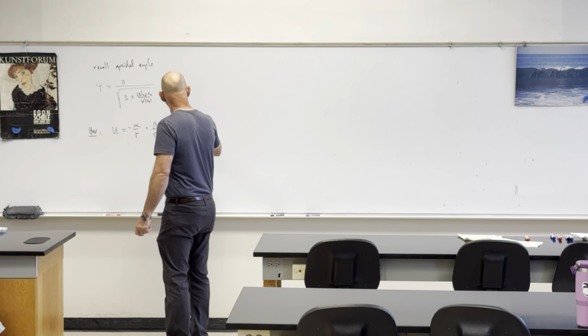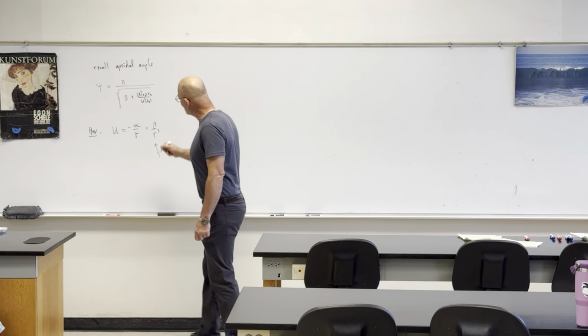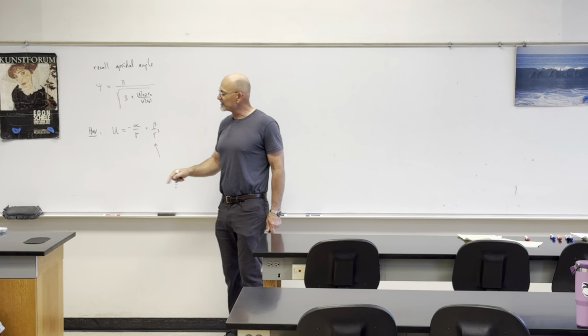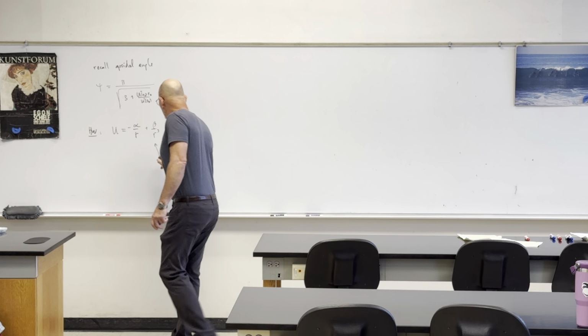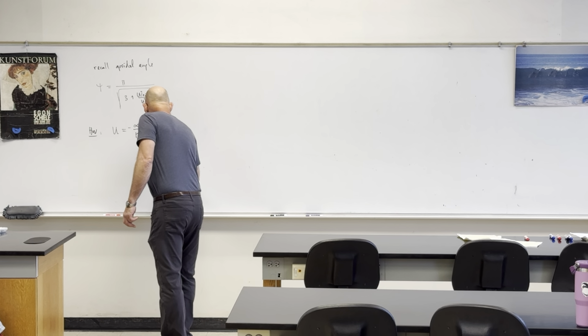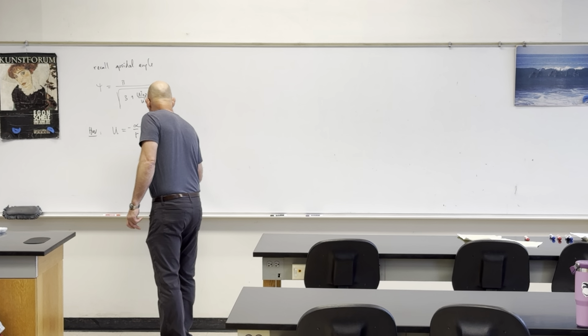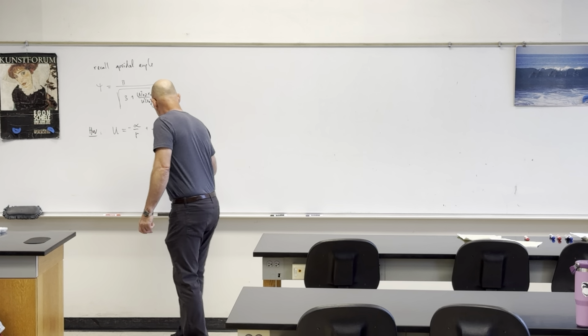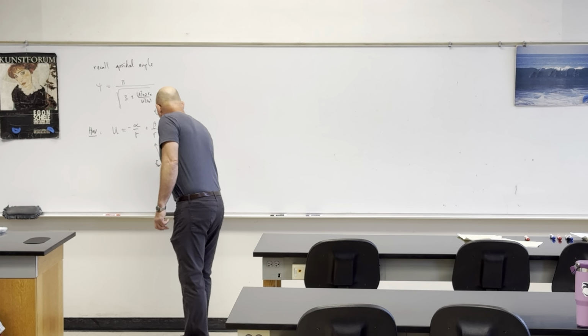But for the moment, especially since we just talked about 1 over r cubed being an in-spiraling potential, this is really only for small beta.